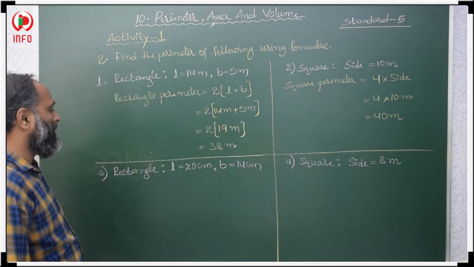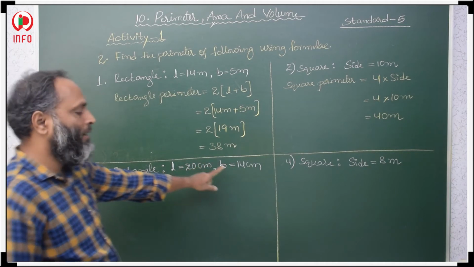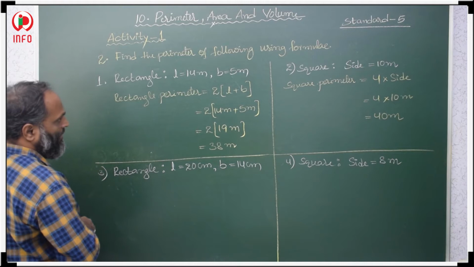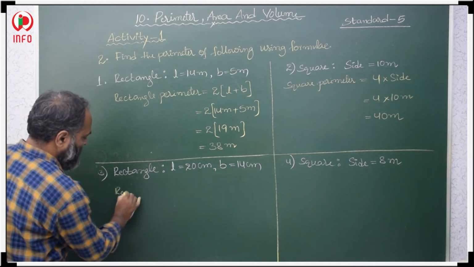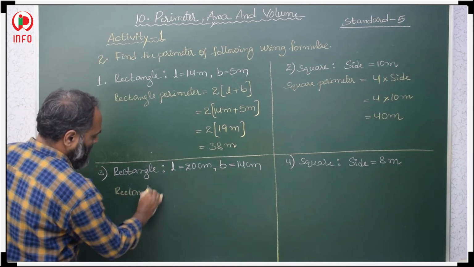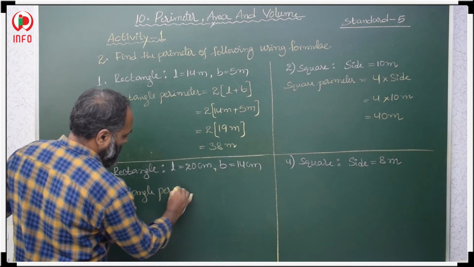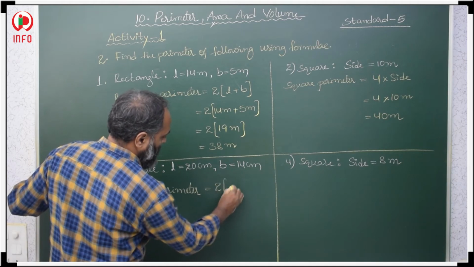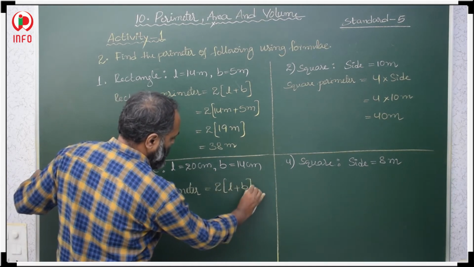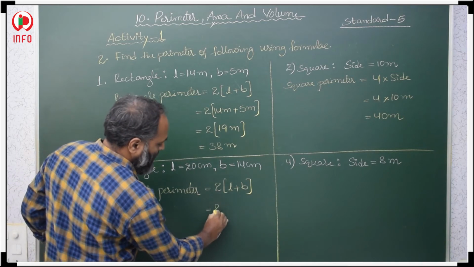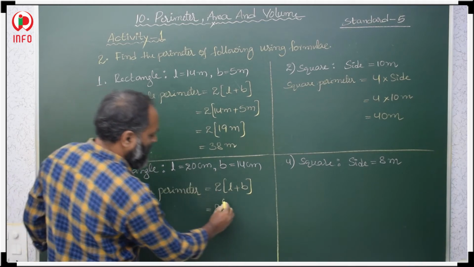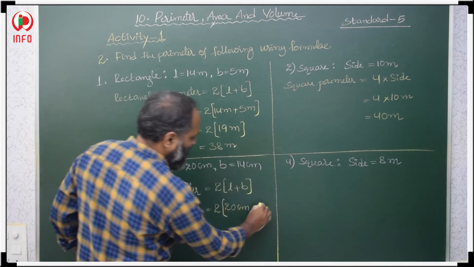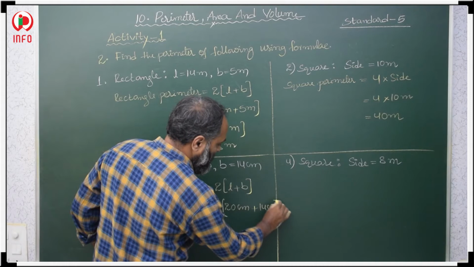Again, in the third question a rectangle is given, its length is given and its breadth is given. Then rectangle perimeter is equal to 2 into length plus breadth. 2 into, what is the length here? 20 centimeters plus, what is the breadth here? 14 centimeters.